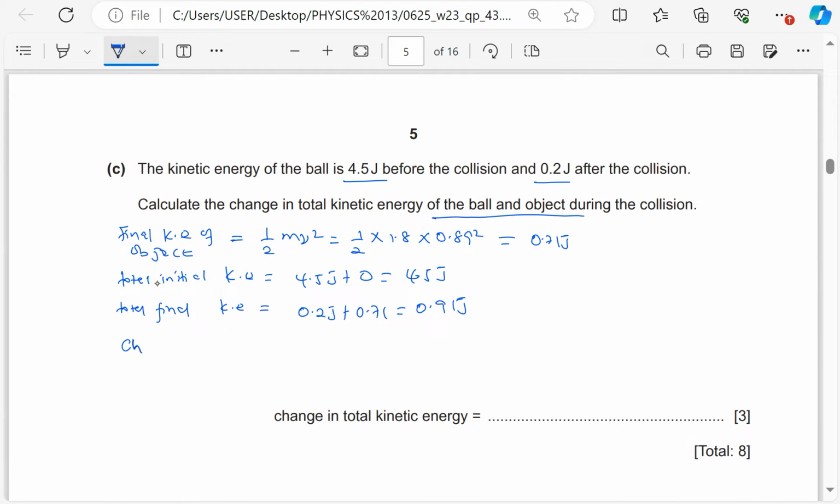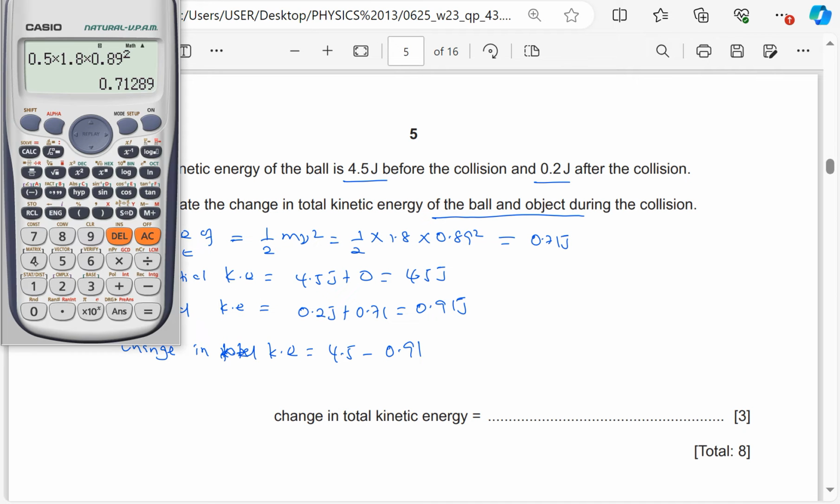Then the change in total kinetic energy is going to be equal to 4.5 minus 0.91.